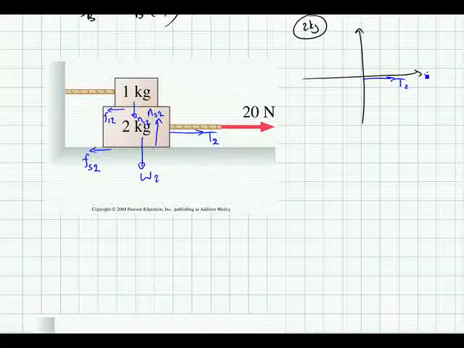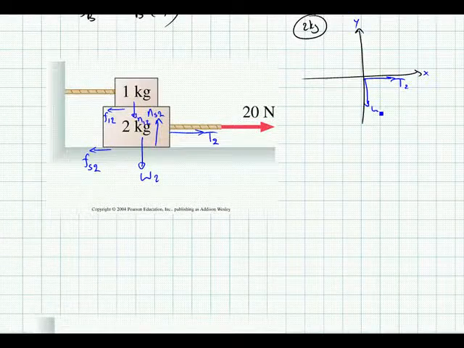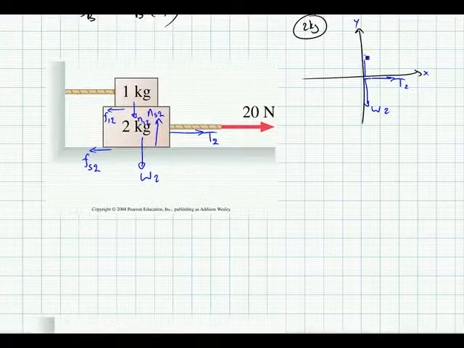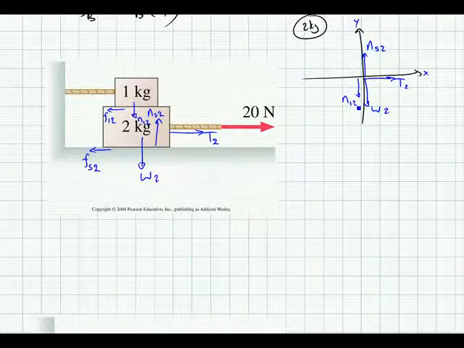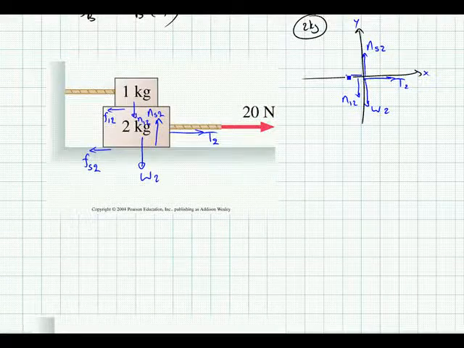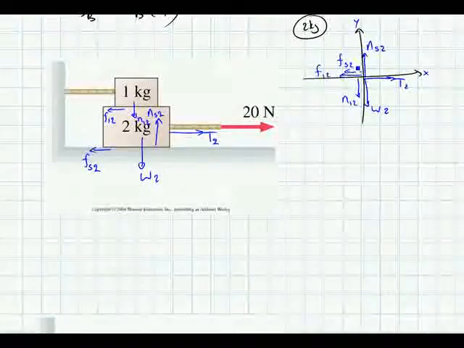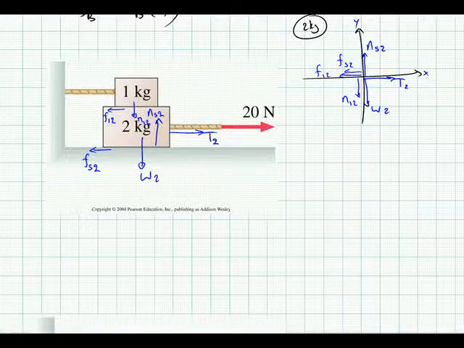We have T2, this is our x direction, that's our y direction. W2, excuse me. We have the normal force of surface on 2, the normal force of 1 on 2, and a friction force of 1 on 2 and another friction force of surface on 2. Okay, I think I captured all my forces there.